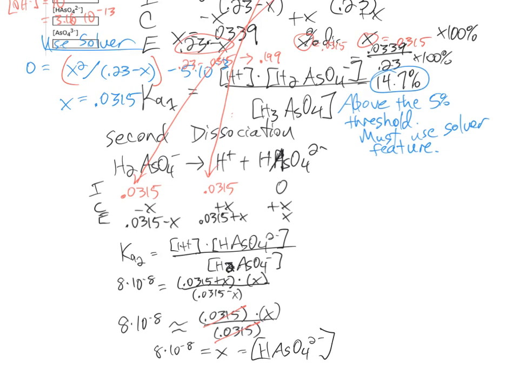Also, I would like to point out that if you're worried about the hydrogen ion concentration changing significantly, well, if we know that X is 8 times 10 to the negative 8th, if we were to work this out, 0.0315 plus 8 times 10 to the negative 8th would be like adding together 0.0000008 to 0.0315.